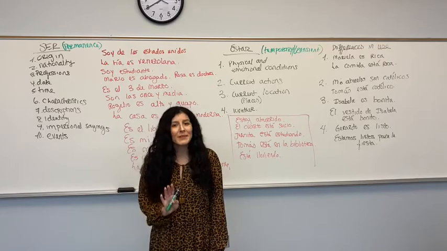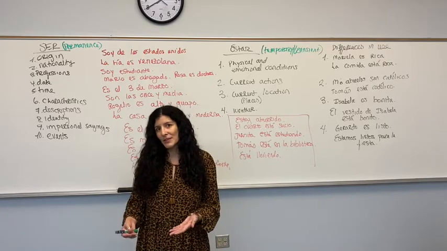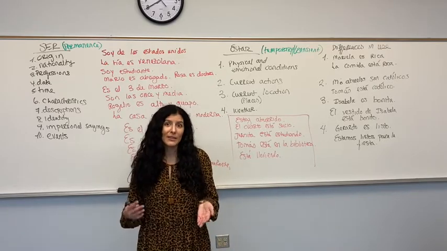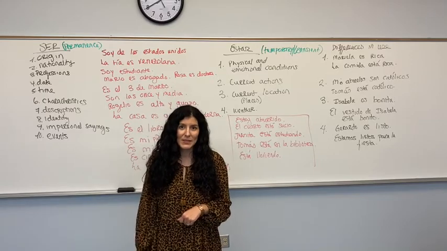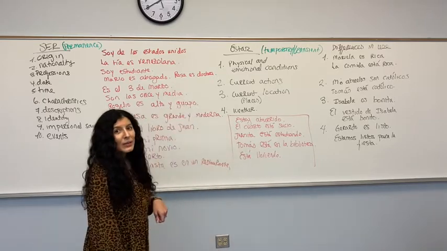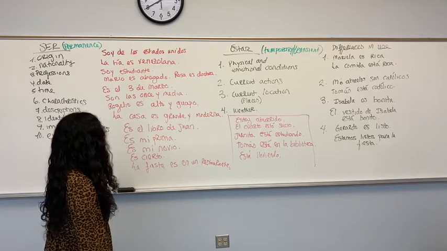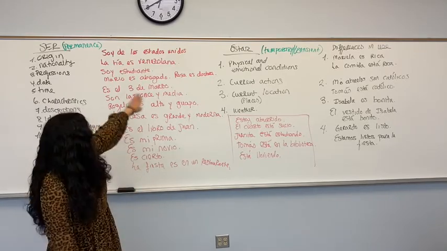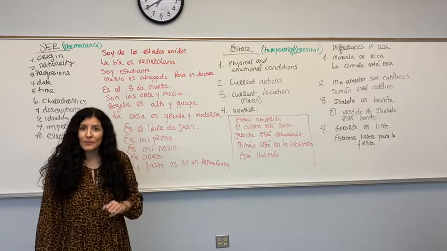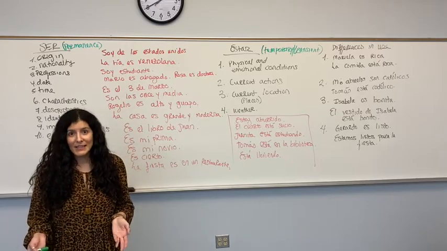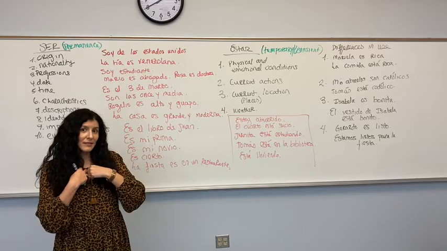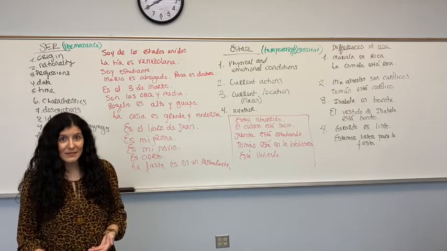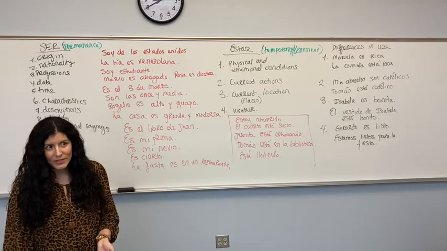Now let me go through some examples of how these would be different, so that way you can get a really clear idea of how we would use the difference between ser and estar. So here, right, I've listed some examples. In origin, for example, soy de los Estados Unidos. I am from the United States. My country of origin is the United States. We can use this for all sorts of different origins.